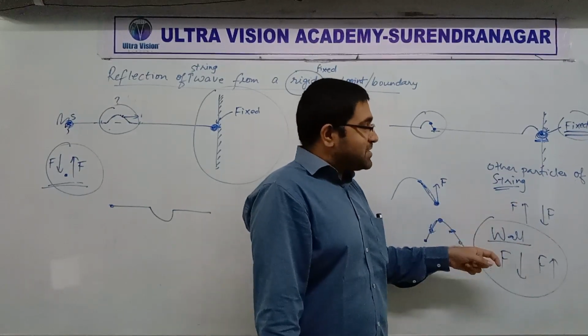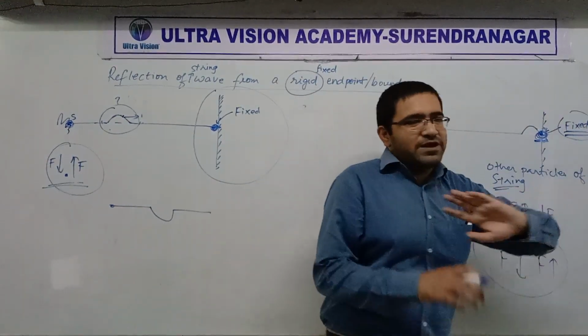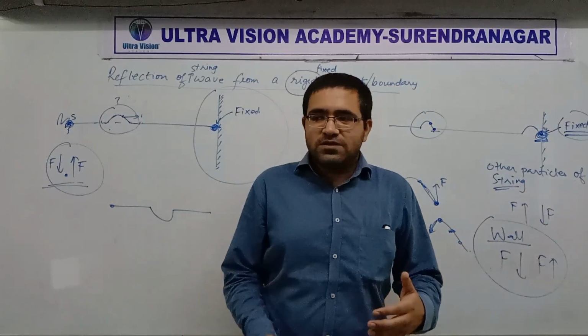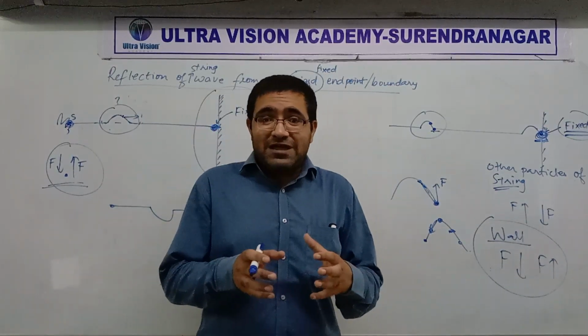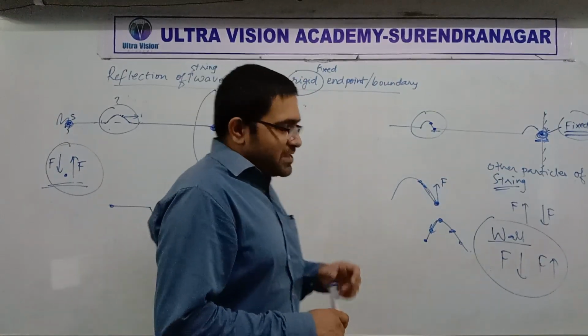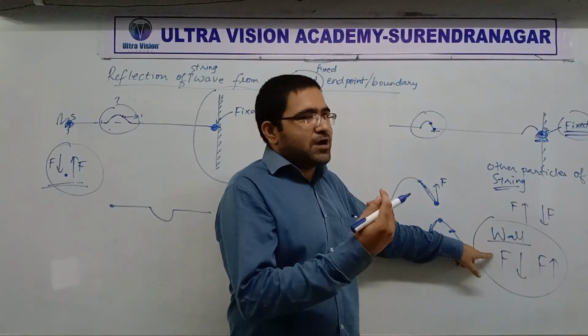So what is basically happening is that now this wave pulse arrived here, alright, no problem. But as it arrives, there is something else happening from the wall side of things. What's that? The wall is pushing that point down and then once again pushing it up.